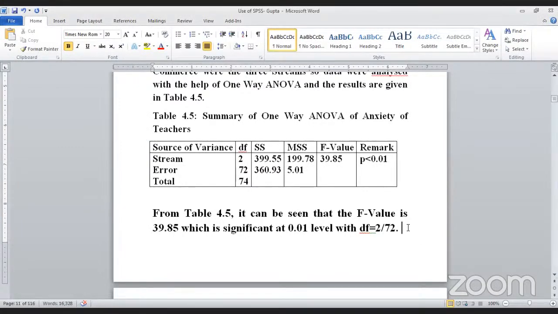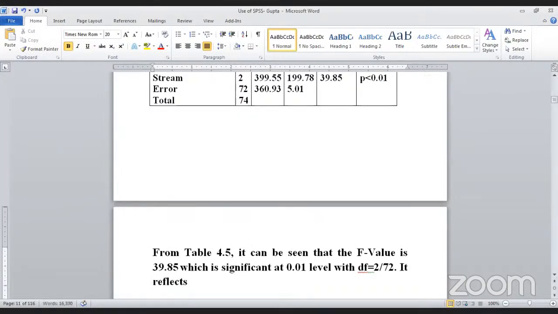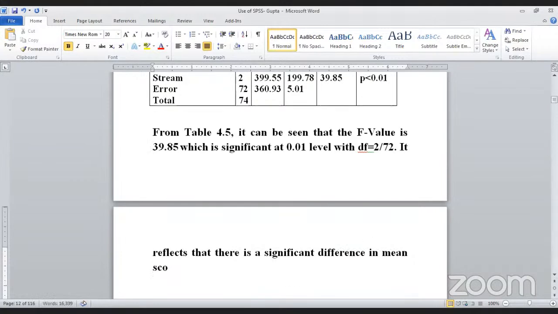Now, if the F value is significant, what is the meaning? It reflects that there is a significant difference in mean scores of anxiety of arts, science, commerce teachers.